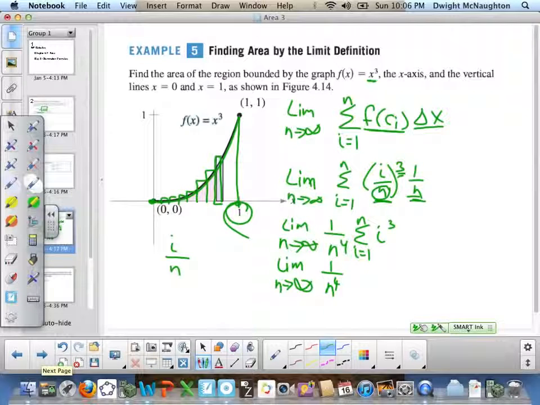I'm going to distribute the squared. So I'll have n squared times (n squared plus 2n plus 1) over 4.